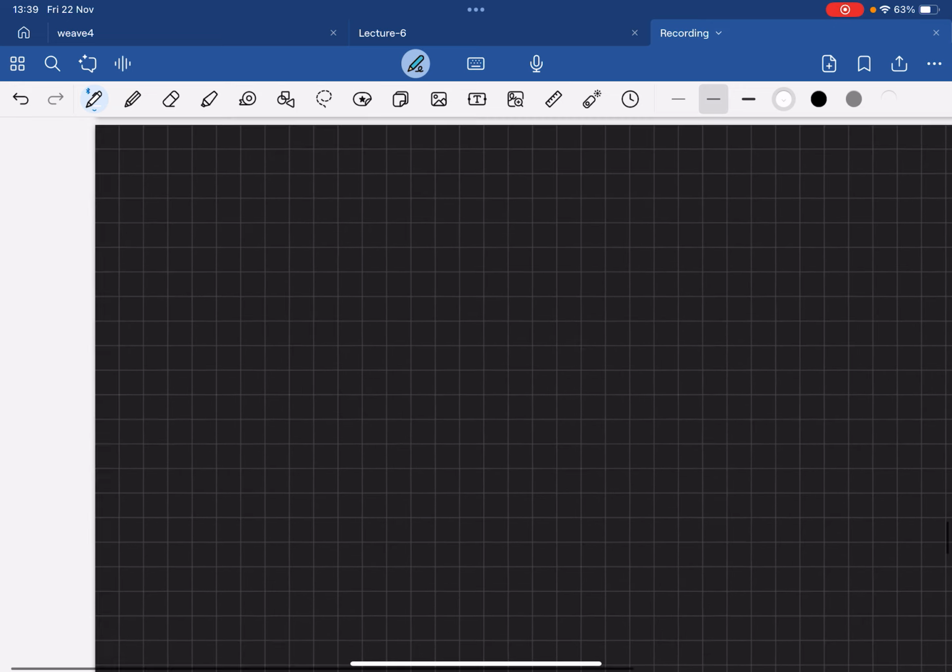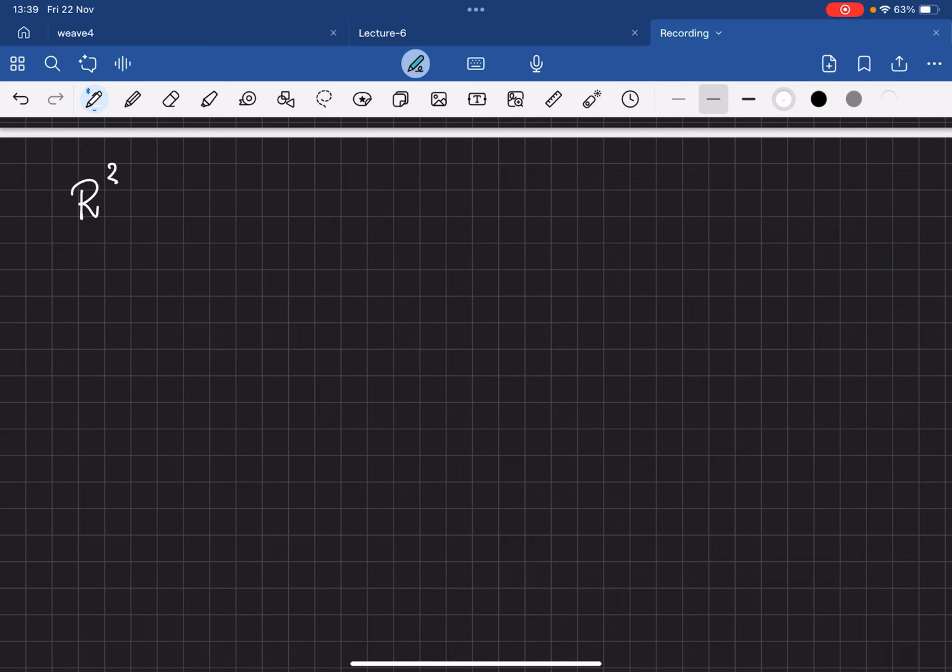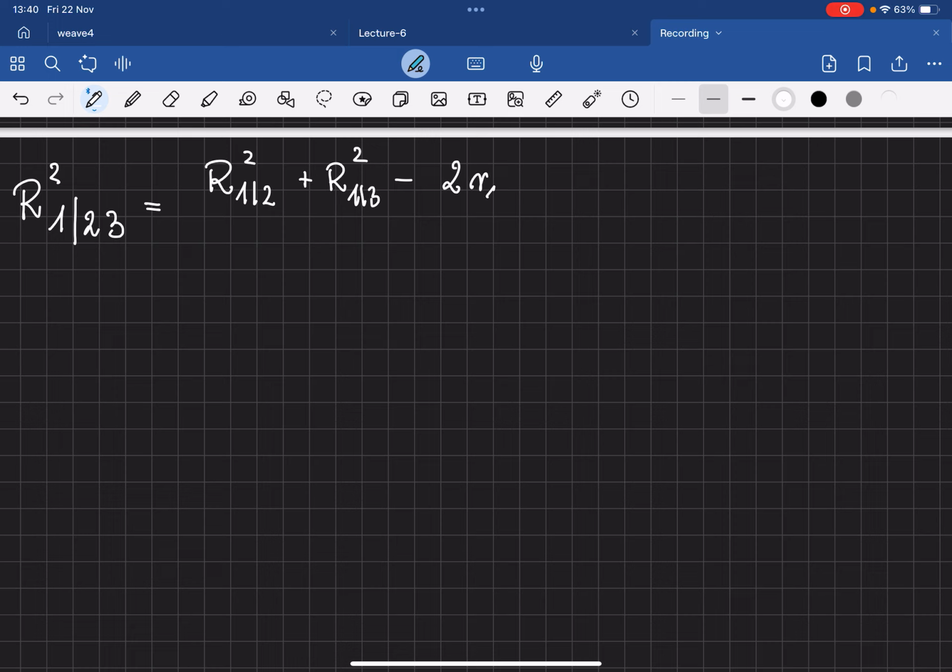If we want to calculate r squared for the multiple regression using variable x1 as dependent and 2 and 3 as independent variables, provided we know all the pairwise coefficients, we can write it in the following way: r12 squared plus r13 squared minus 2 r12 r13 r23, divided by 1 minus r23 squared.